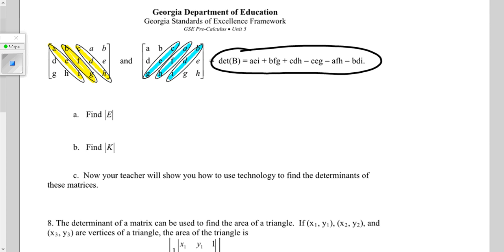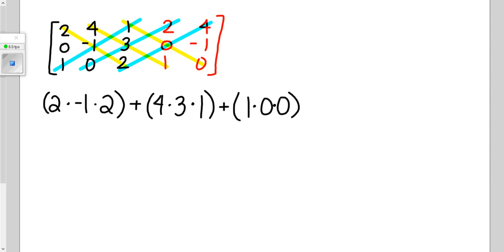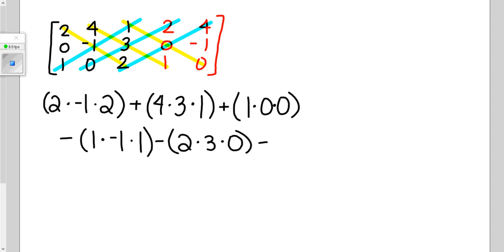Yellow diagonals, blue diagonals. So I'd have 1 times -1 times 1, and again subtracted, 2 times 3 times 0, 4 times 0 times 2. Okay, I have 3 of them being added, I have 3 of them being subtracted.